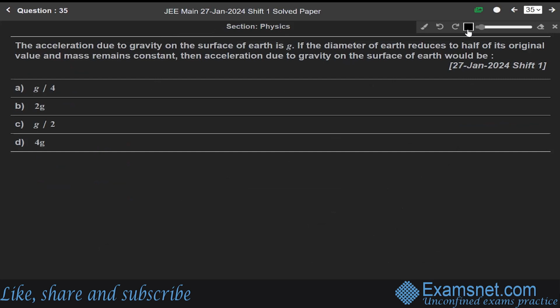According to this question, the acceleration due to gravity on the surface of the earth is G. If the diameter of earth reduces to half of its original value and mass remains constant, then the acceleration due to gravity on the surface of the earth would be. This question is from the chapter of gravitation. Now it is saying that G is equal to Gm over R square.